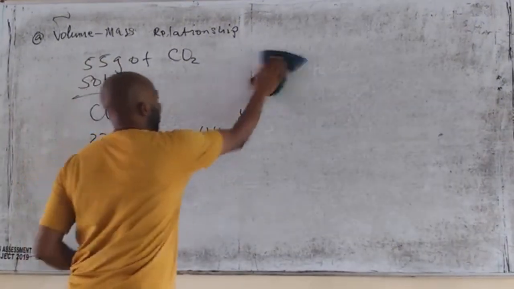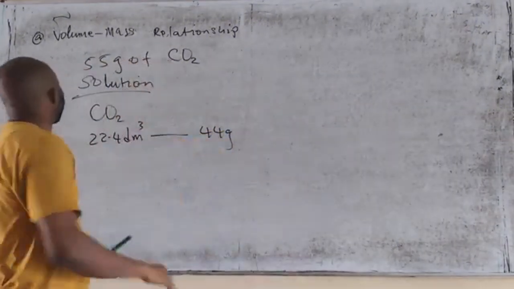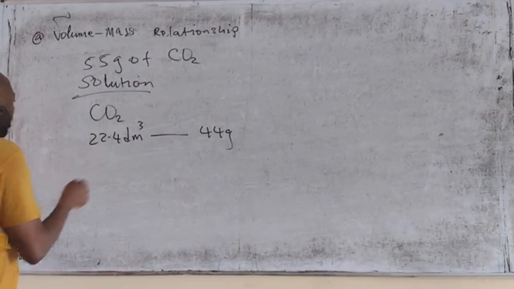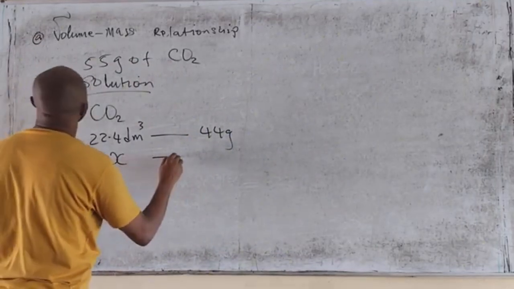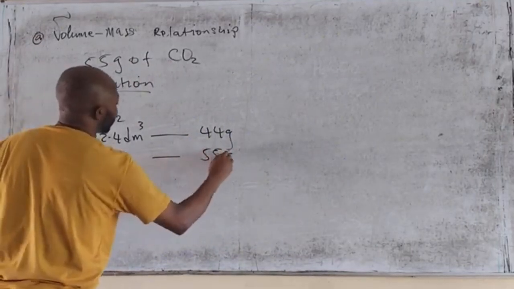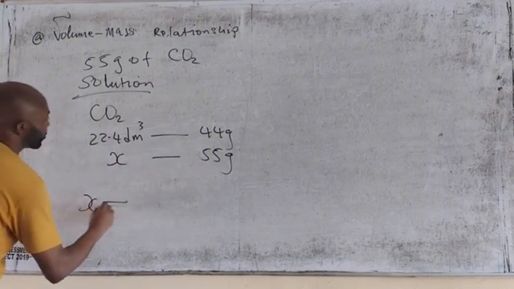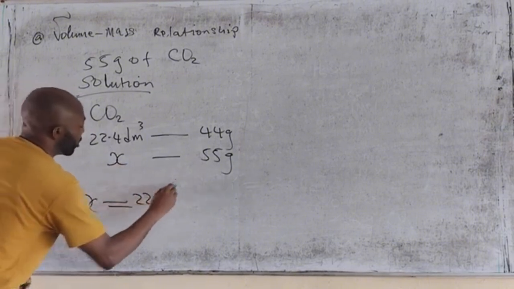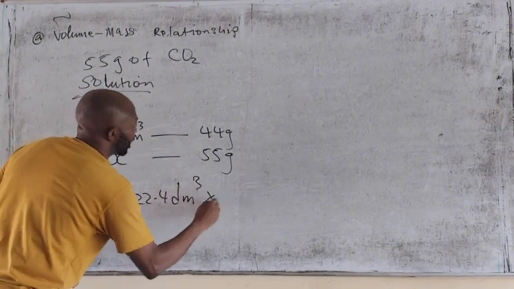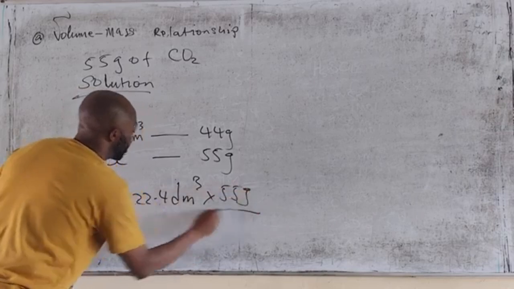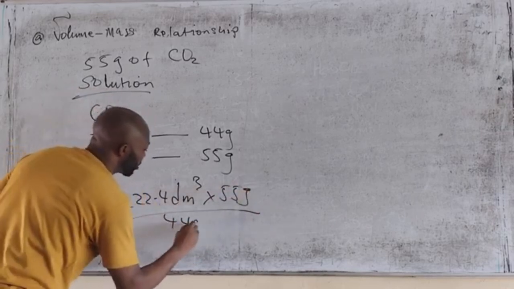The relative molecular mass. The volume is this and that. So how much volume will give us 55 grams? So my x is equivalent to 22.4 dm cube times 55 grams over 44 grams.